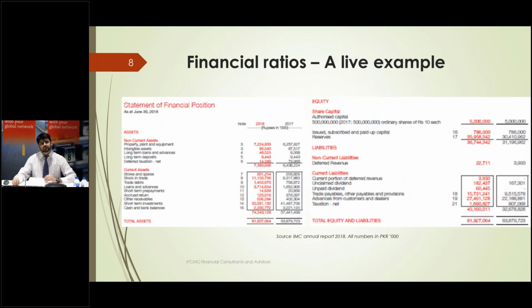So this is a brief snapshot of the financials. We have total assets of 81 billion rupees, and out of that we have liabilities of around, how much is that? 45 billion of liabilities, and the rest is all equity.